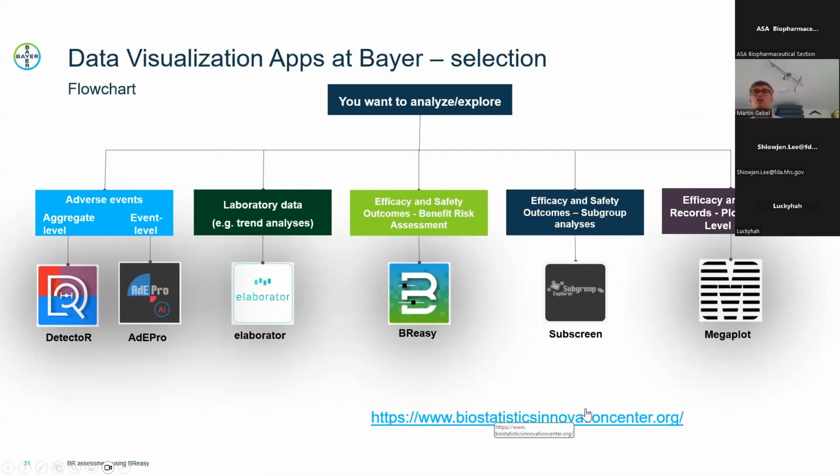We have Breezy, as I've shown you. We have the very sophisticated subscreen app working on subgroup analyses, and finally for patient profiles, the Megaplot app. And there are a few further available, and all these can be found on the Biostatistics Innovation Center homepage, where you can also find the download links. All of them are either available on CRAN and or GitHub.